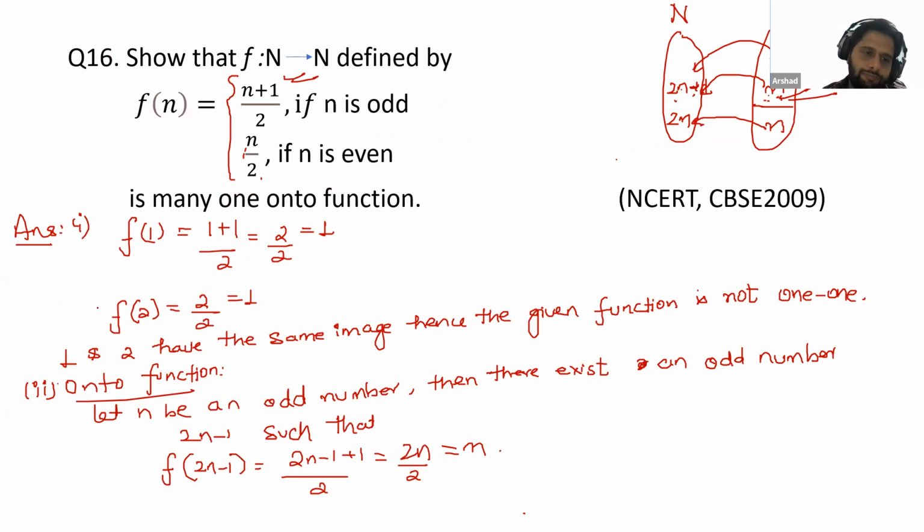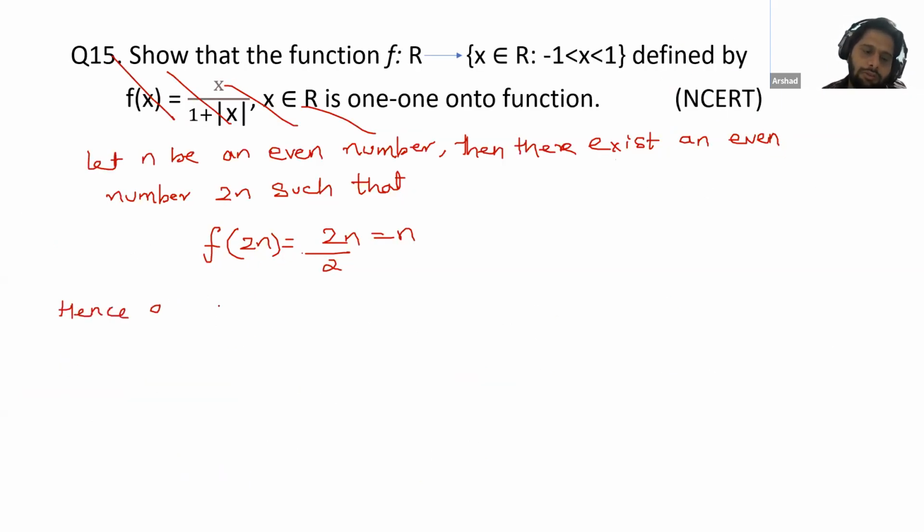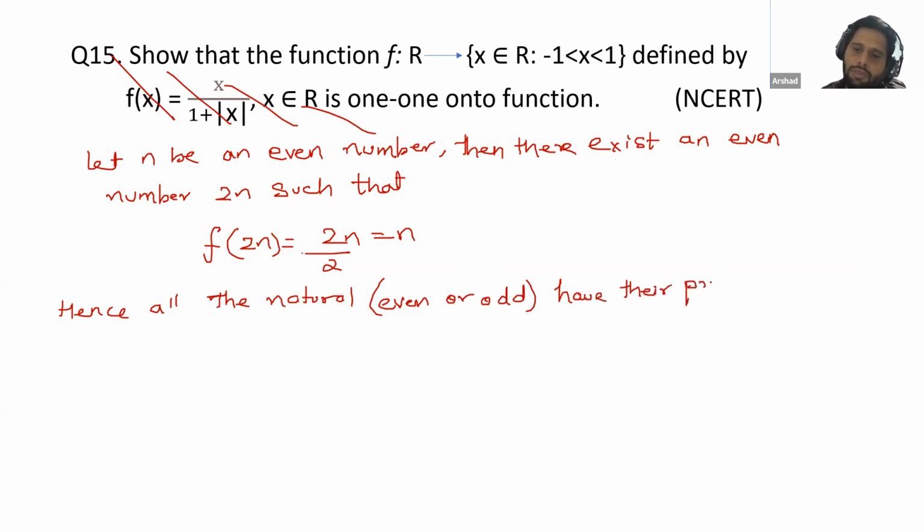Hence, all the natural numbers, even or odd, have their pre-images, hence the given function is onto.